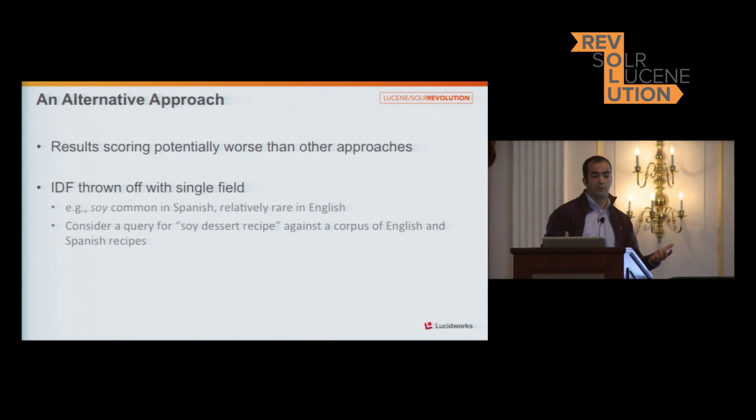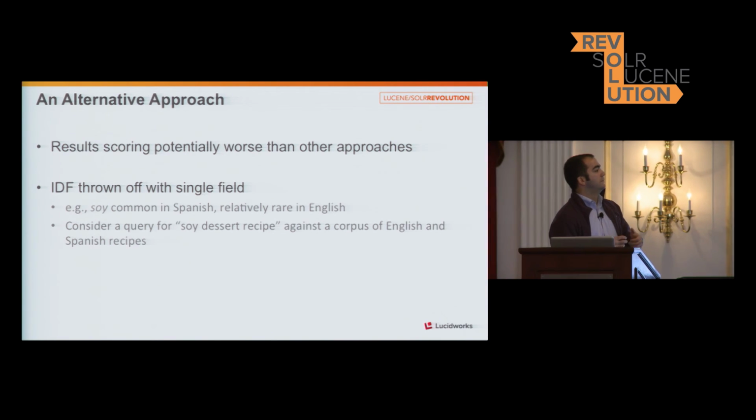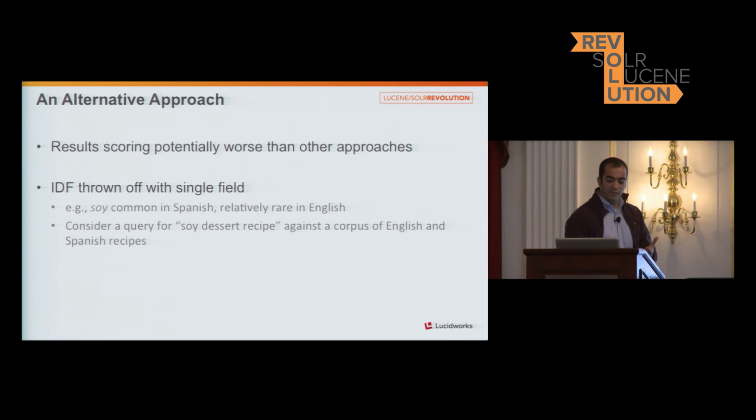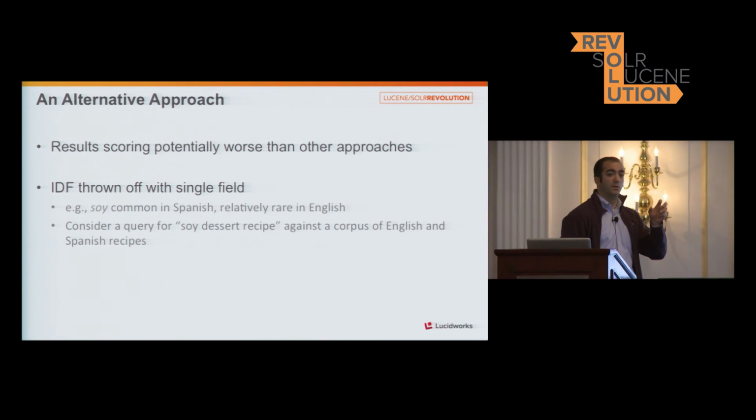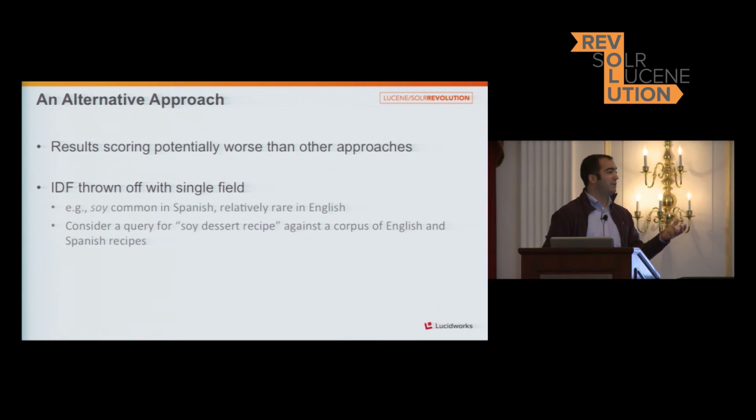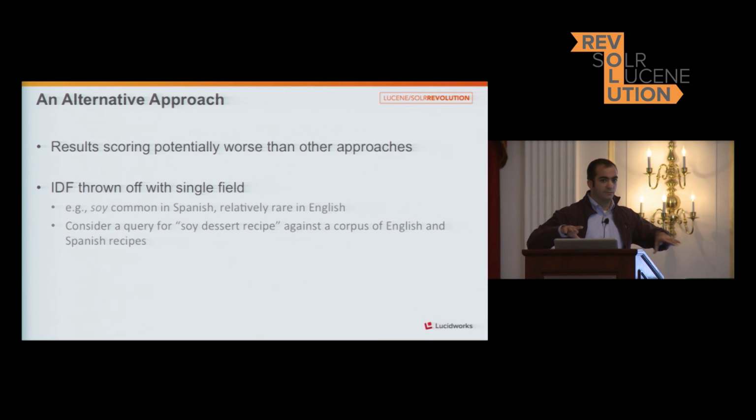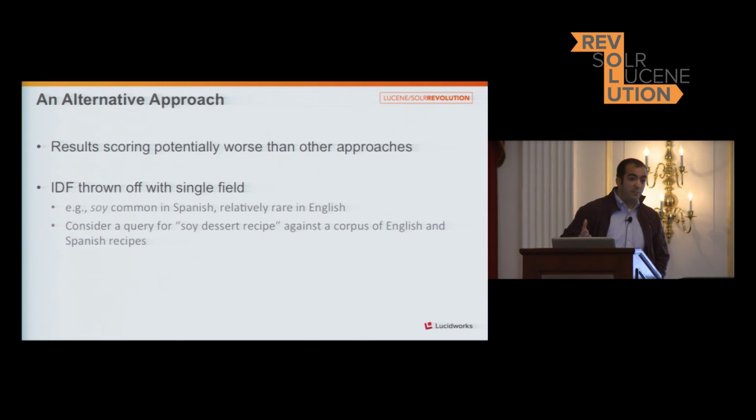And people would get those results filtered to the top. If you mix your English and Spanish in the same field, then soy is perhaps not the most important term in terms of scoring. Maybe dessert would be at that point, and your soy results get filtered down a little bit. So you can imagine that happening. And that may or may not be a problem for you.